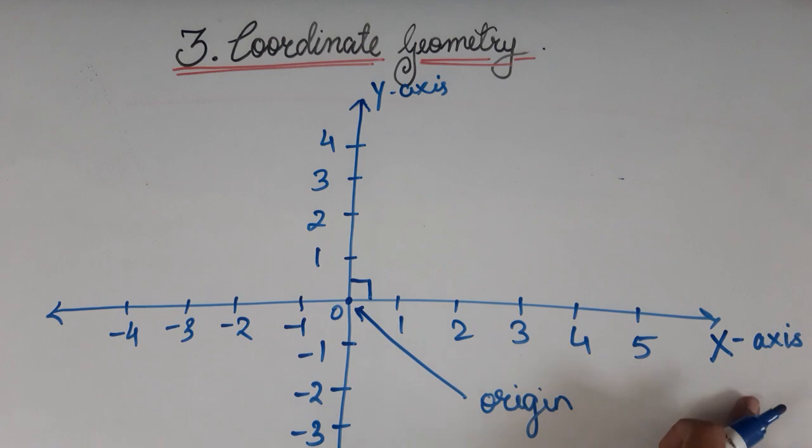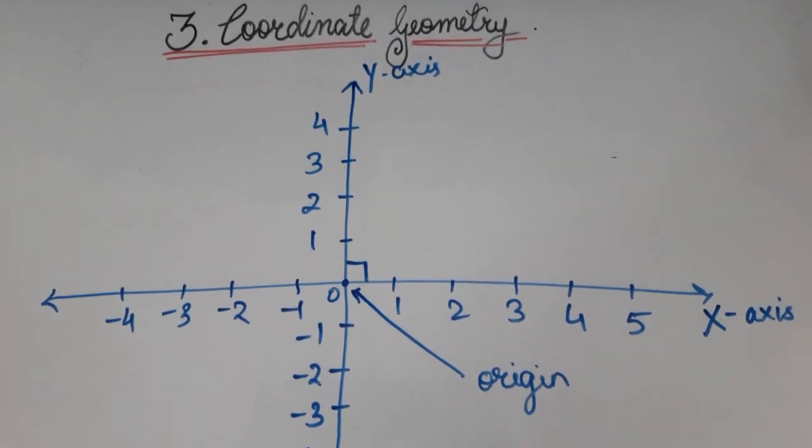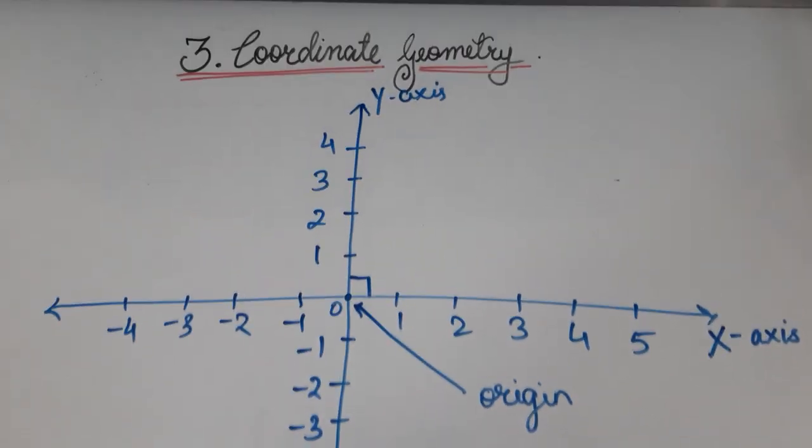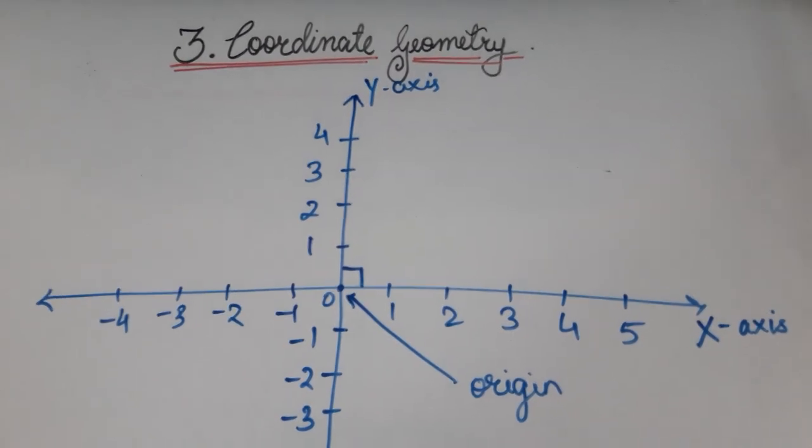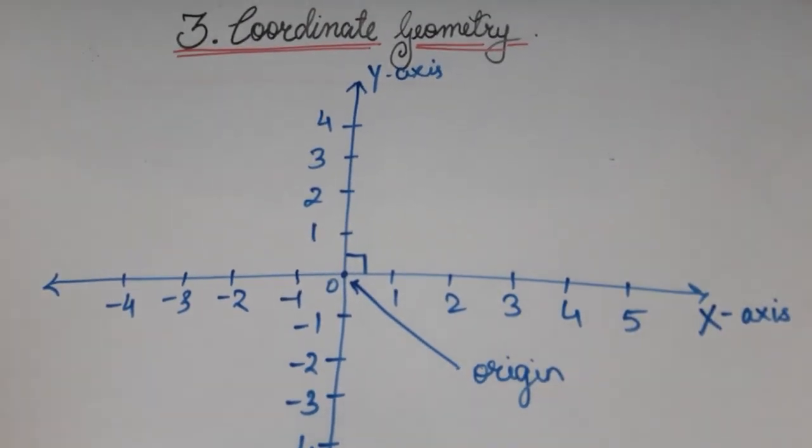The horizontal is called the x-axis and the vertical number line is called the y-axis. So using these two number lines, you can give an address, a location or position, to every point in the plane.